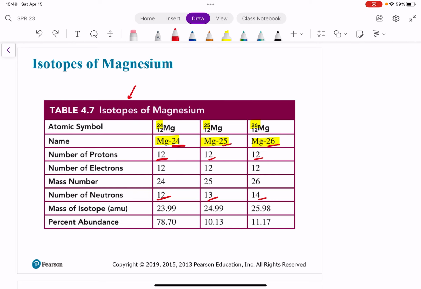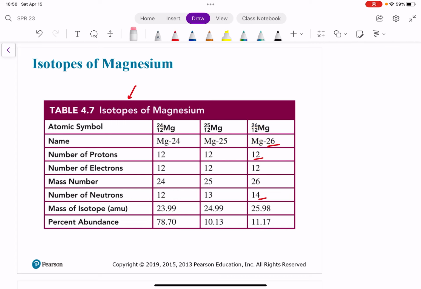Then we have this thing called percent abundance. Percent abundance is telling you how much of that isotope of magnesium exists in nature. When we have magnesium, 78.70% of it is this form or this isotope of magnesium, so it's a more common isotope.